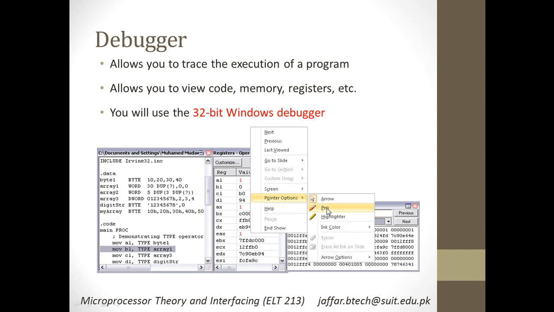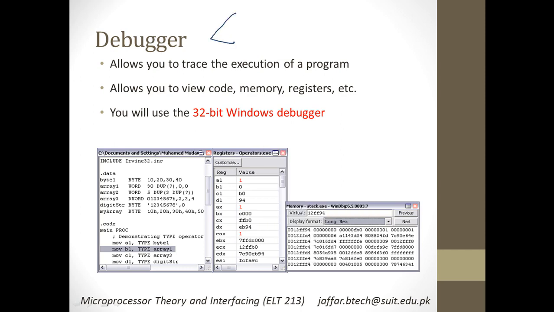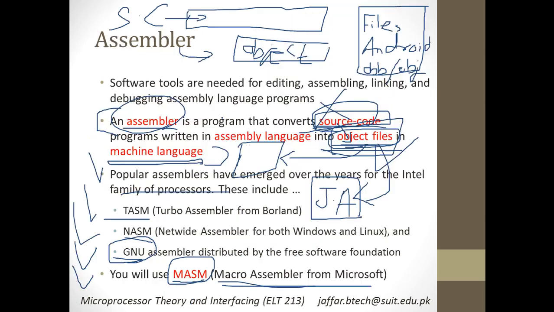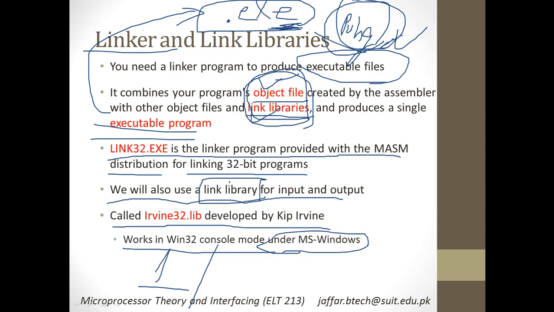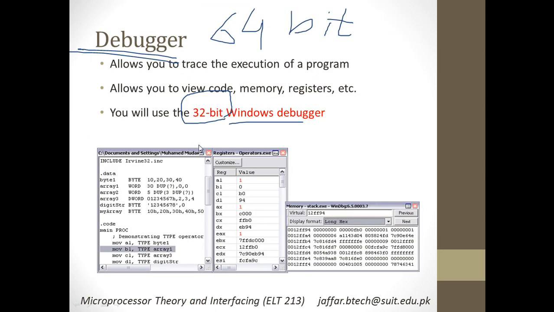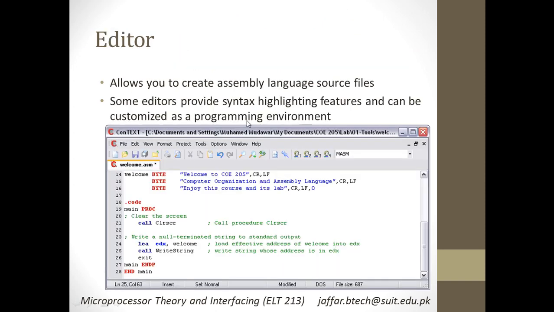If you are using a tool that is compatible with a 64-bit computer, in that case you will need a 64-bit debugger. So keep in mind that your debugger should be compatible with your Windows mode. I have given the example of 32-bit because in the previous slides I talked about 32-bit. If this is 64, I just have to make the debugger compatible with my 64-bit Windows.